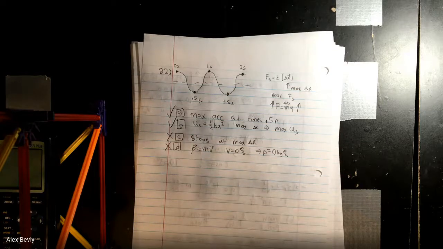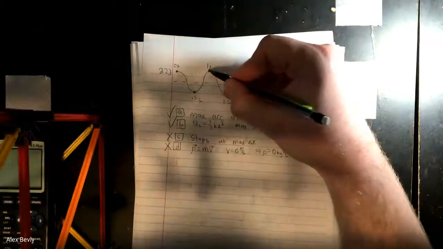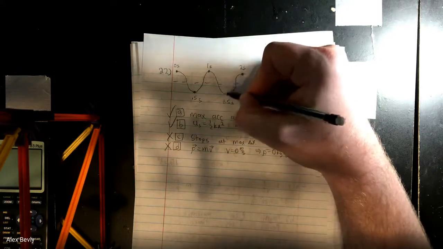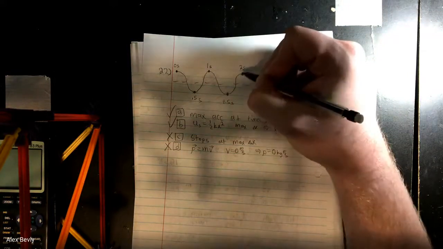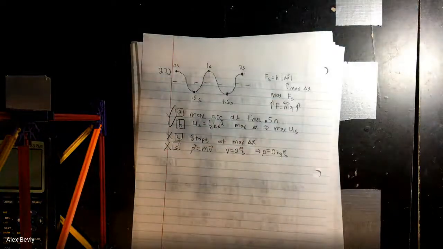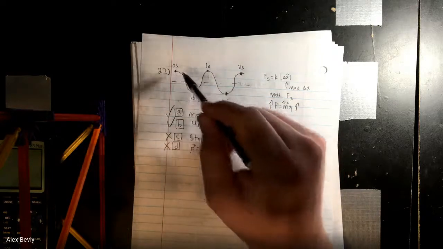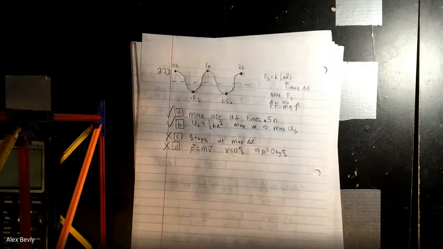Yeah, momentum is constantly changing throughout the whole motion, yes. Unless you want to get really technical, at these exact moments of time, momentum isn't changing. But yeah, it pretty much is constantly changing. So where would C and D be true, where we have the maximum speed and maximum momentum? Not at the maximum displacement, but at what position?